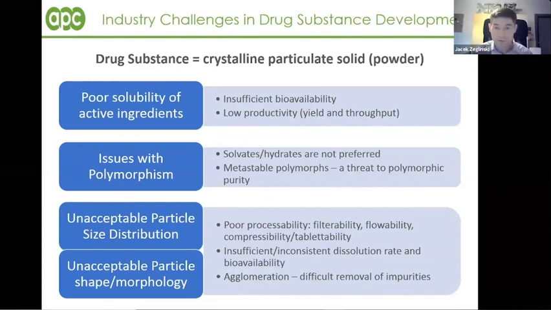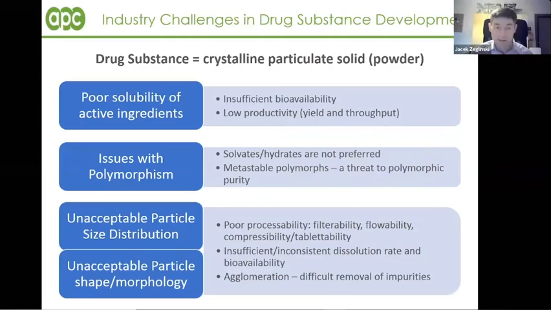So most of those APIs we are handling would have poor or low solubility in a range of solvents. And that would translate to insufficient bioavailability. But from the manufacturing perspective, that could make it difficult to manufacture those APIs with high productivity, so with high yield and throughput. That wouldn't be possible if you didn't solve the problem of low solubility.